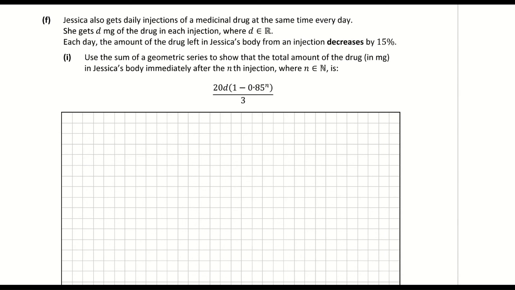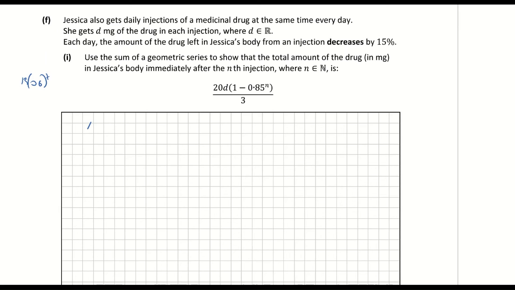So the first thing I'm going to do here is come back to Alex's injection. You remember Alex's was given as 15 times 0.6 to the power of t. So I need to make use of that. What will we use? Our compound interest formula.